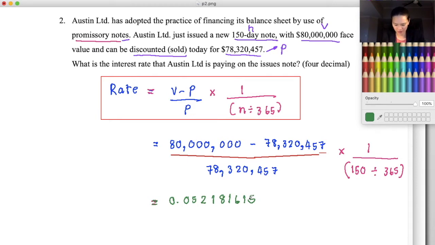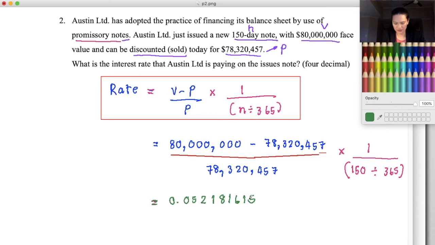Alright, so I get this one. Whoop. And then I just multiply by 1 divided by 150 divided by 365. Okay, I need to do it again: 80 million minus 7832047 divided by 7832047.